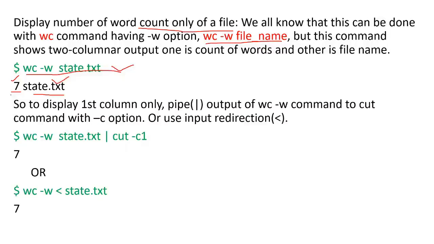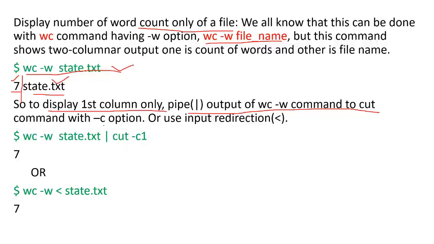You can cut the output in columns. If you want only the first column, you can take only the first column, and the second column you can cut from the display. So to display the first column only, pipe the output of the wc -w command to cut.